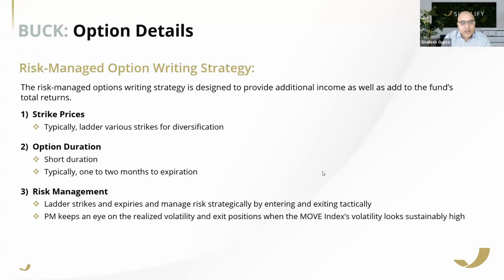So that's why we skew the portfolio more towards the put side. And calls typically are done in a covered call manner, so that in case there's a sudden sharp decline in rates due to any flight to quality kind of event, the portfolio is protected. Hence, both these strategies provide a very well diversified exposure compared to a typical credit-based portfolio.